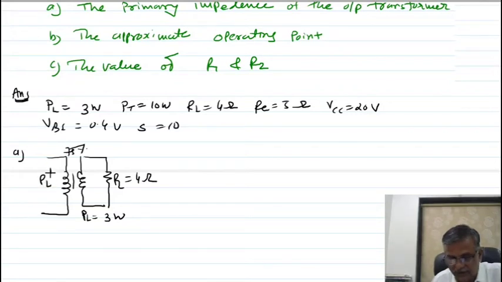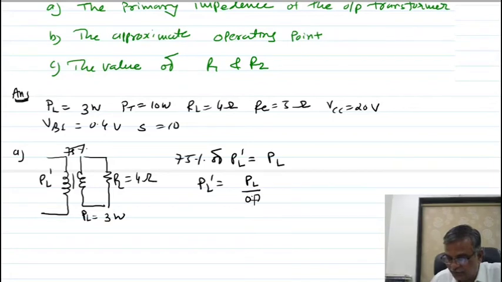I have to find PL dash. So I can say 75% of PL dash will transfer to PL. So PL dash is nothing but PL upon 0.75. So I can write PL dash is equal to 3 upon 0.75, which means 4 watt. What I get? 4 watt.